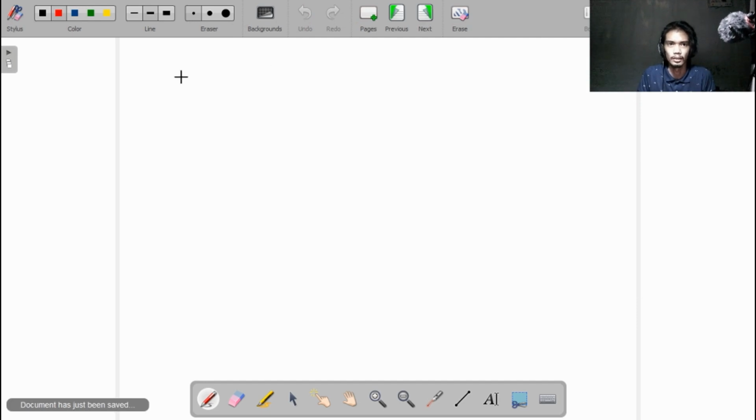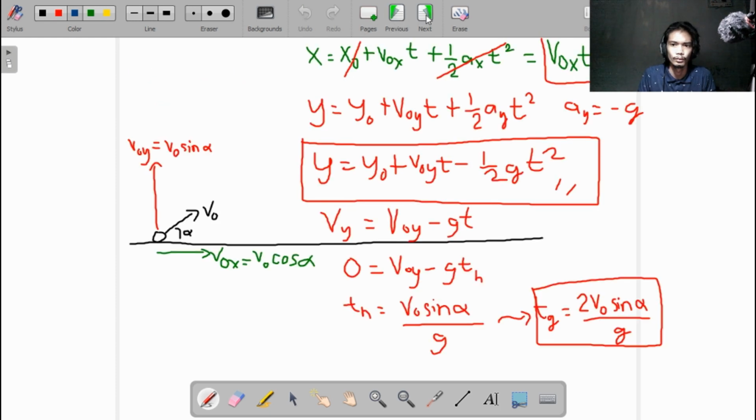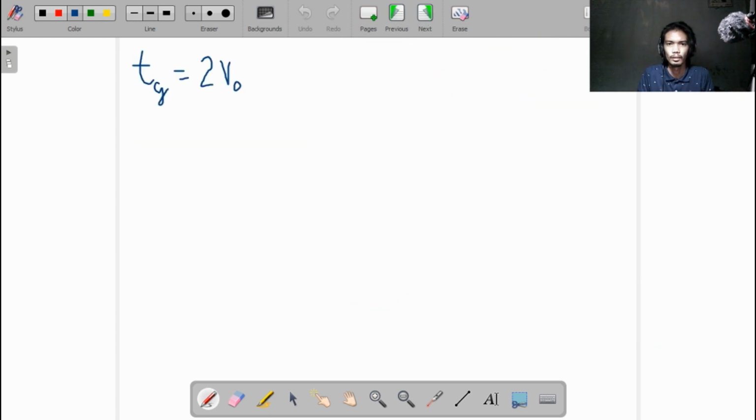Okay, so let's put it here. We have t at the ground is equal to 2 v0 sine alpha divided by g. That is our first equation. That is what we need to know before we can figure out the others.